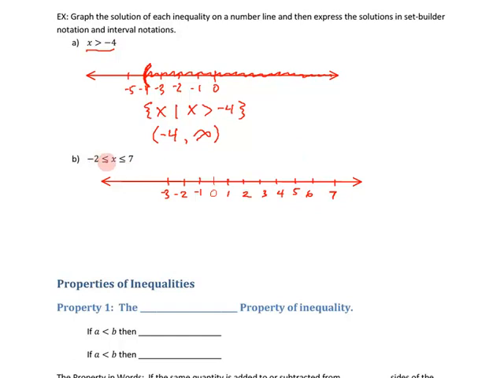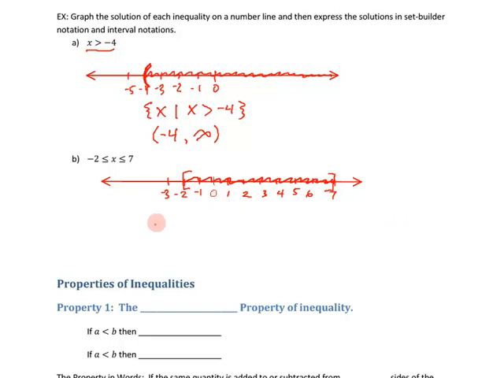So it goes from negative 2, and because that's less than or equal to, it means it includes negative 2. I'll put a bracket there. Up to 7, inclusive, so put in a bracket there, and every number in between is shaded.